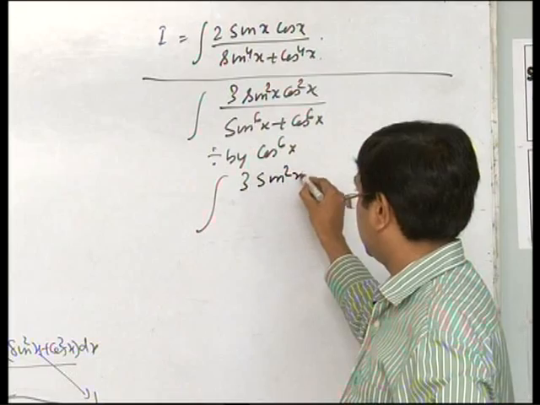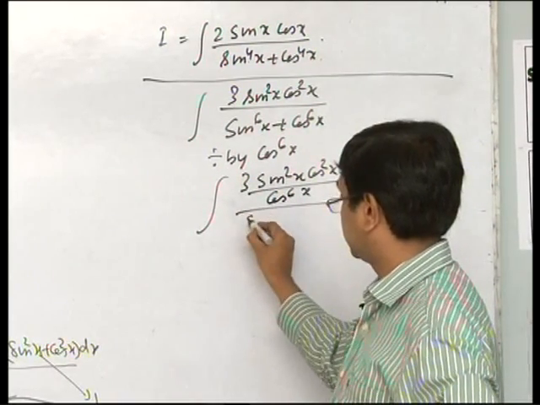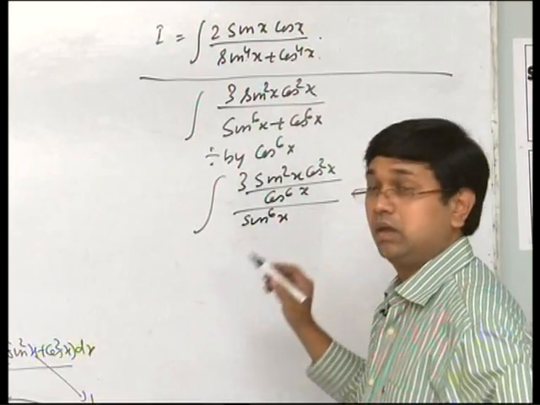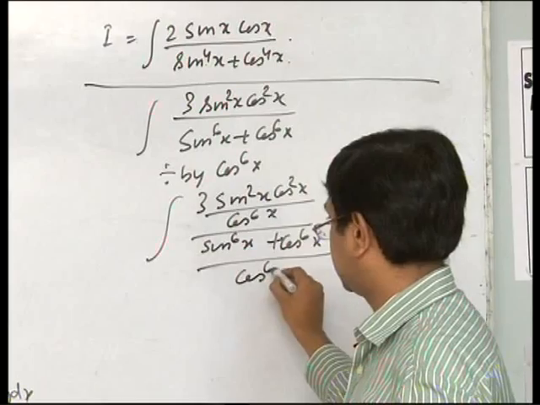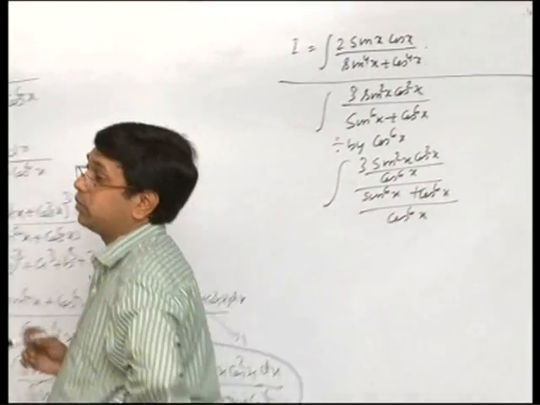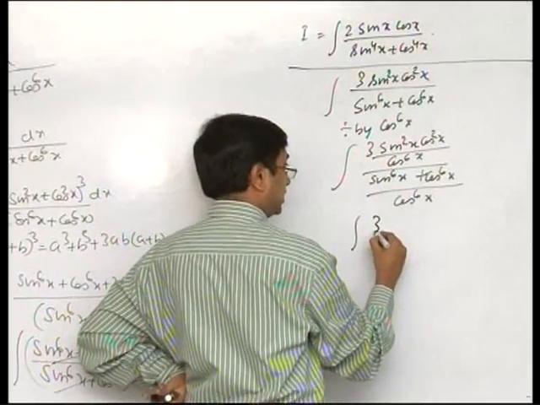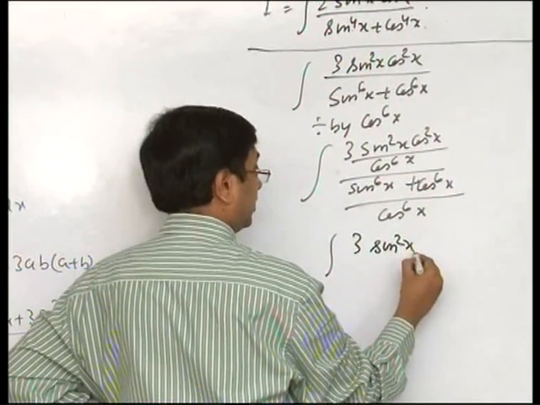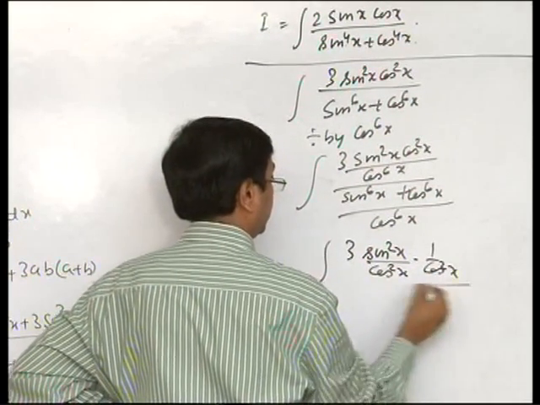So 3 sine square x cos square x upon cos to the power 6x plus cos to the power 6x upon cos to the power 6x. Now what is the advantage we get? Obviously one would get cancelled, but can I write upon cos square x into 1 by cos square x? See what I've done.